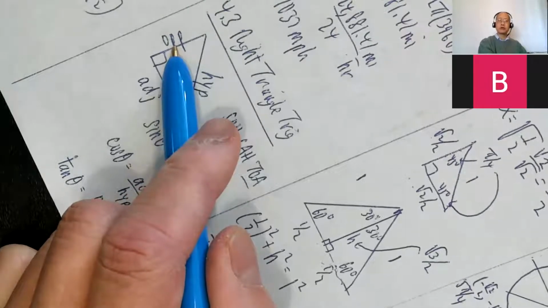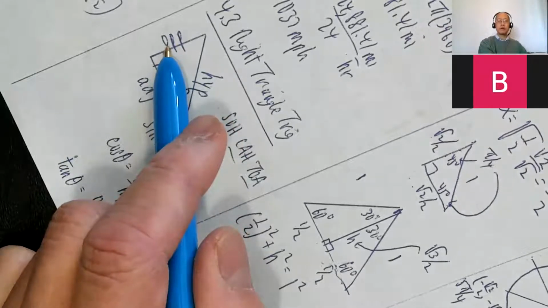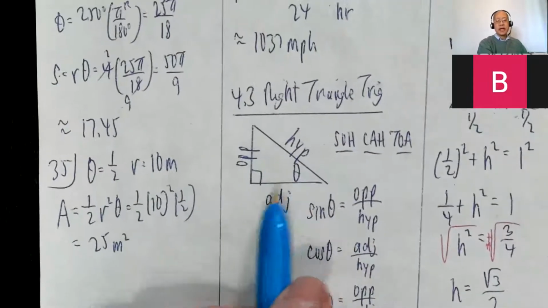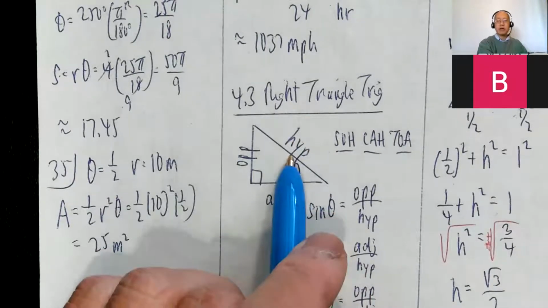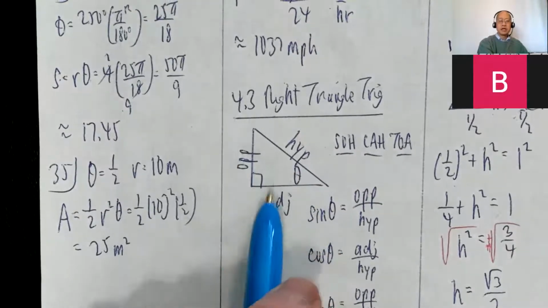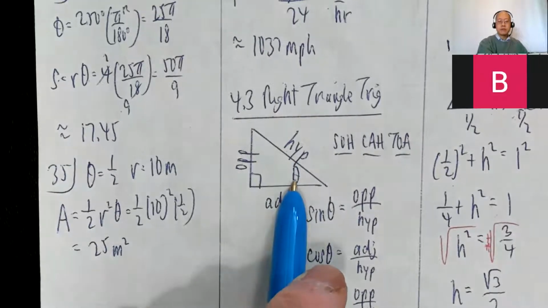If this were the first time you've ever heard it, I would write the whole word OPPOSITE. Since you've seen it before, OPP. And ADJ for adjacent, HYP for hypotenuse. So we have the opposite side, the adjacent side, and the hypotenuse.